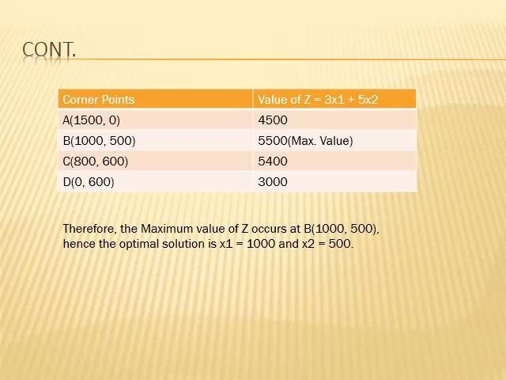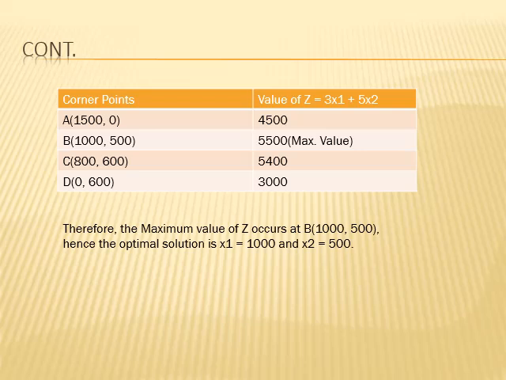The intersection point B, x1 equal 1000, x2 equal 500. The next intersection point C, where x1 equal 800 and x2 equal 600. The last point is x1 equal 0, x2 equal 600.